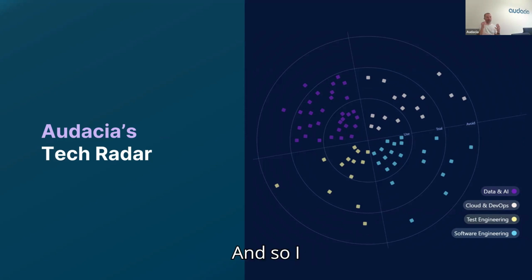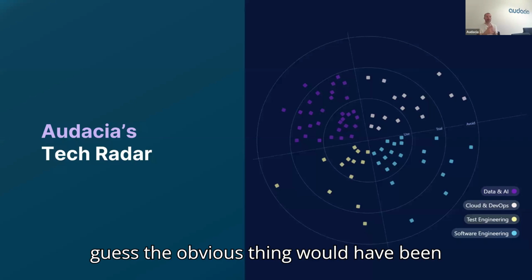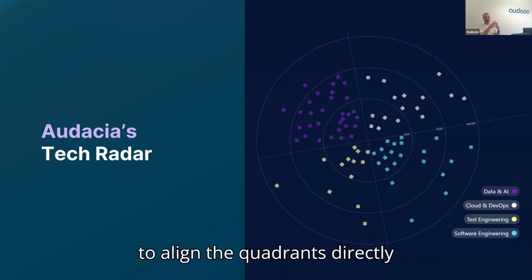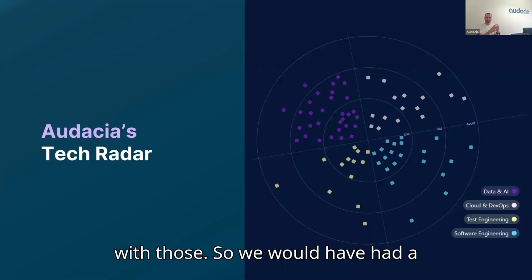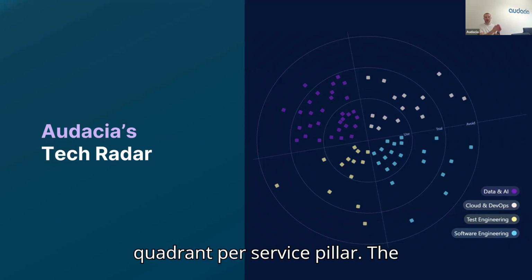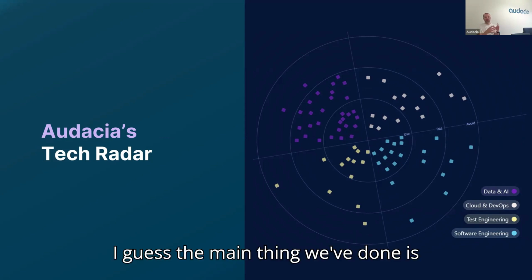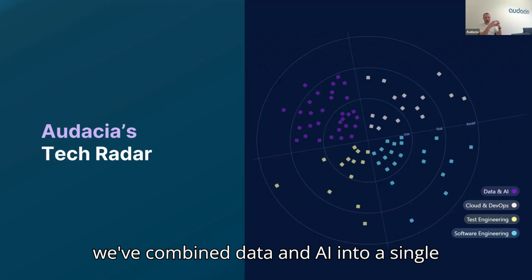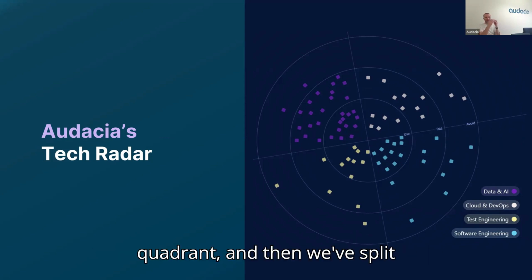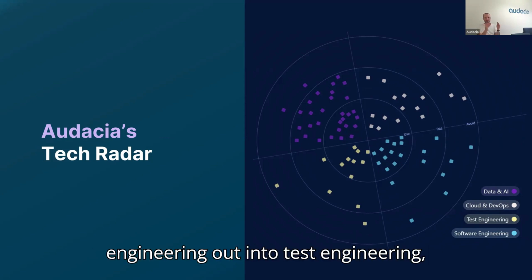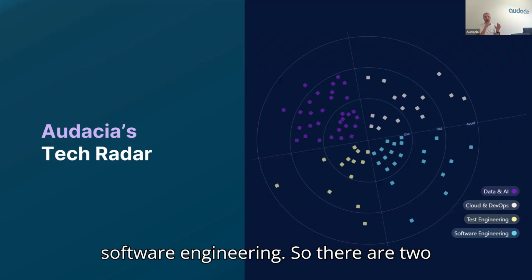And so I guess the obvious thing would have been to align the quadrants directly with those. So we would have had a quadrant per service pillar. The reason we haven't done that is because the main thing we've done is we've combined data and AI into a single quadrant, and then we've split engineering out into test engineering and software engineering.